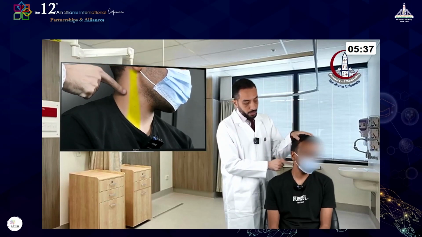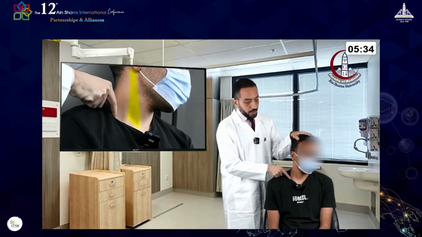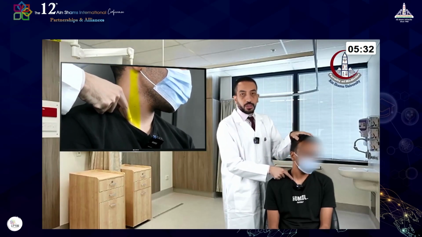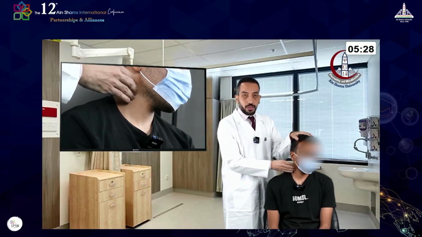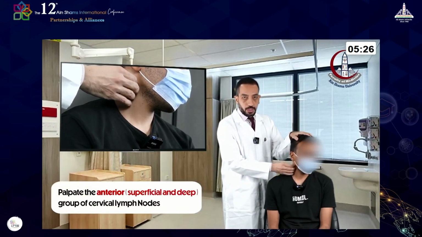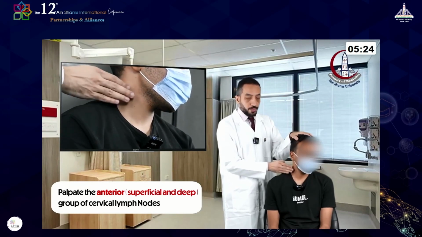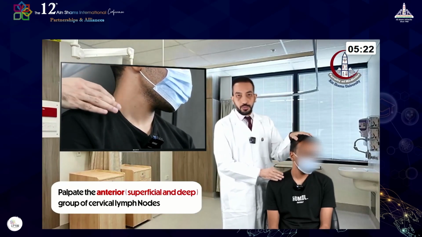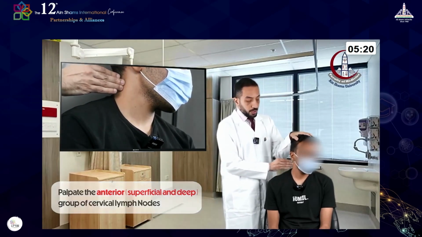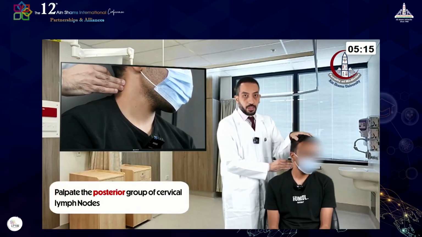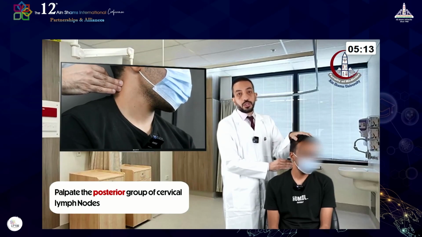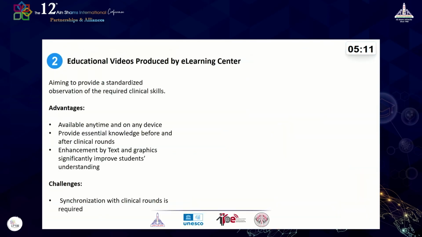From the mastoid process, extending downwards in the neck, down to the clavicle and the sternum. So just anterior to the sternocleidomastoid, deep to it, and superficial to the muscle, this is called the anterior group of cervical lymph nodes, and just posterior to the sternocleidomastoid muscle, and exactly in the posterior triangle of the neck, lie the posterior group of cervical lymph nodes.